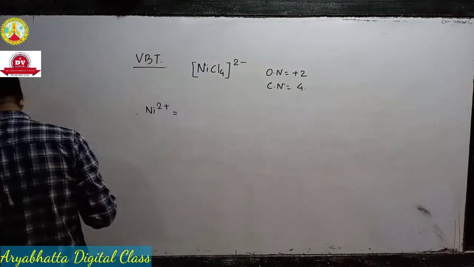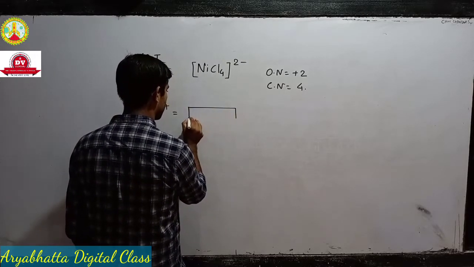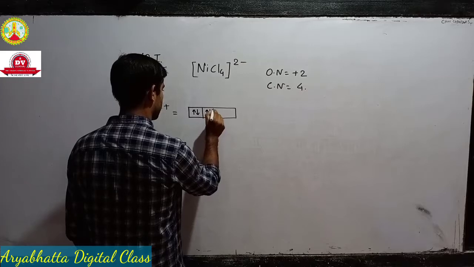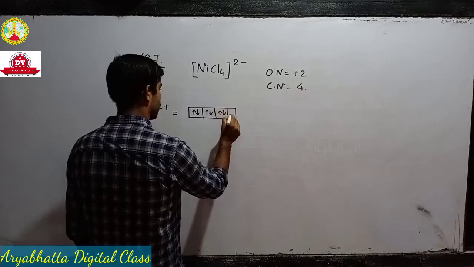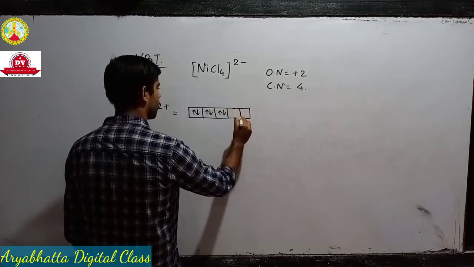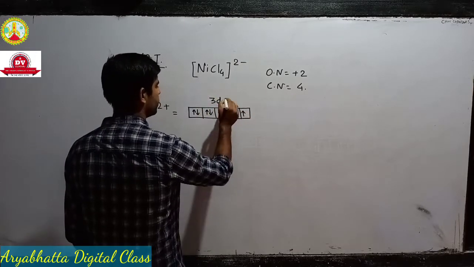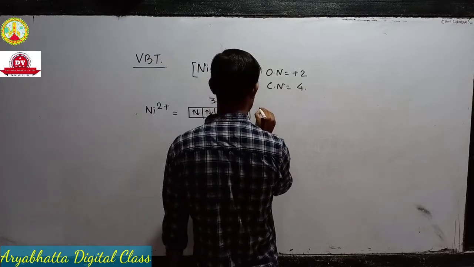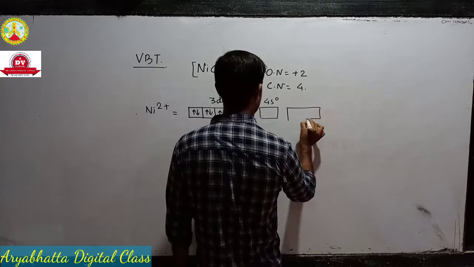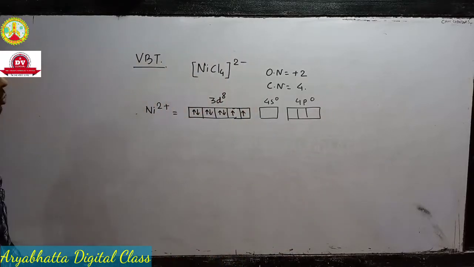So the nickel 2 positive will look like 3d8, 4s0, 4p0. So this is nickel 2 positive.